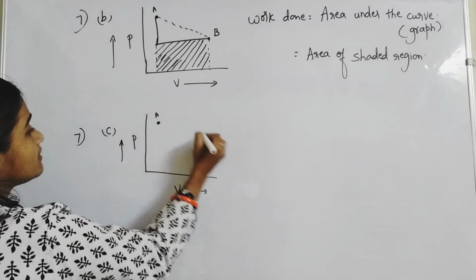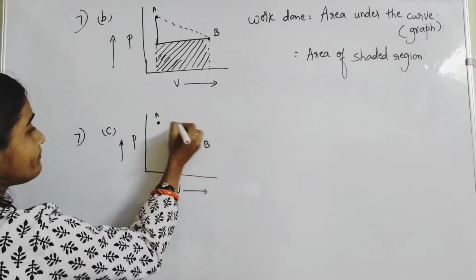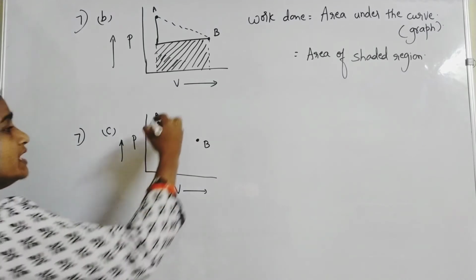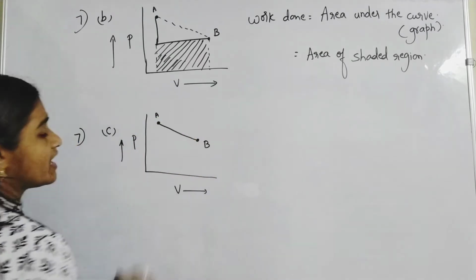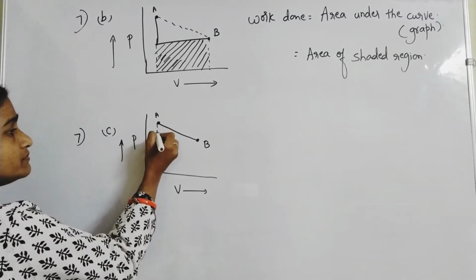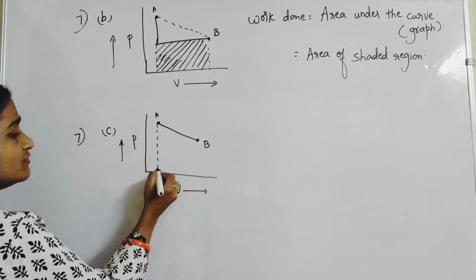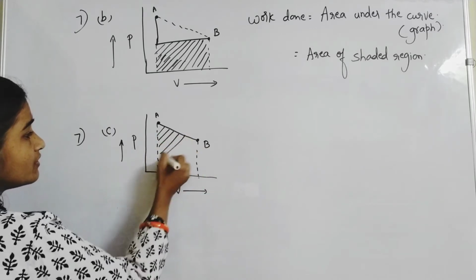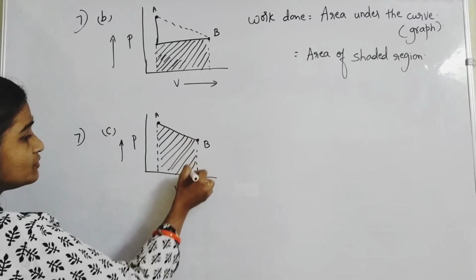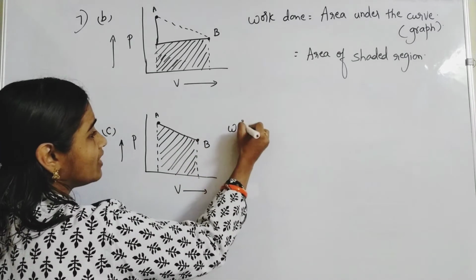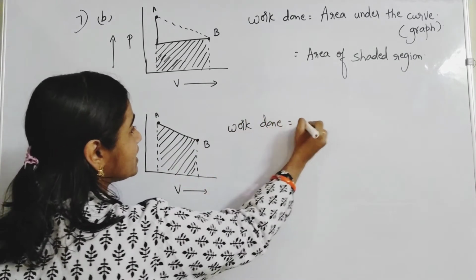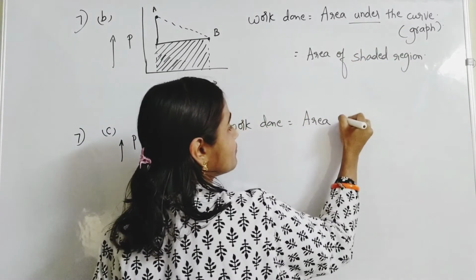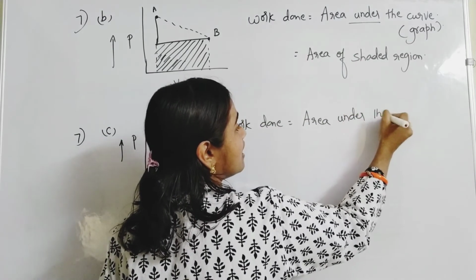A is here, B is somewhere here. Directly, if the graph is like this, then also the area under the graph will give you the work done. Work done is equal to what? Please remember here also, area under the graph.